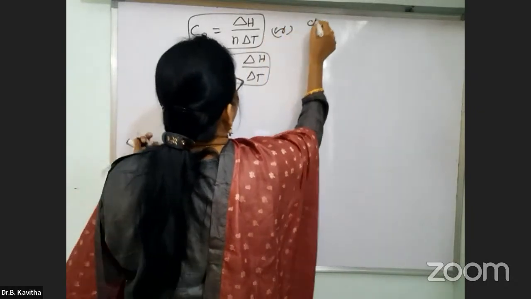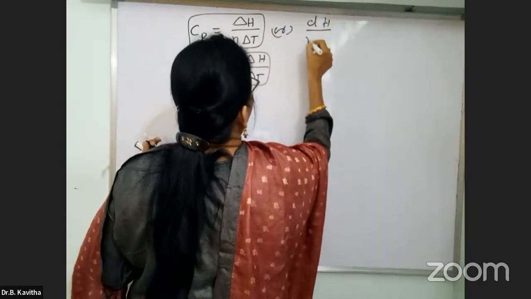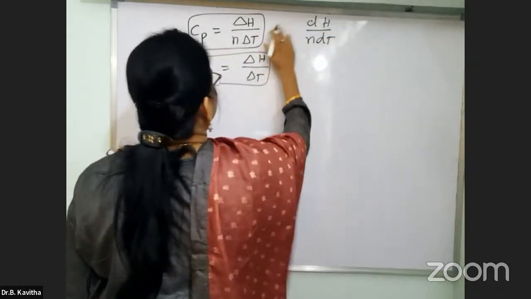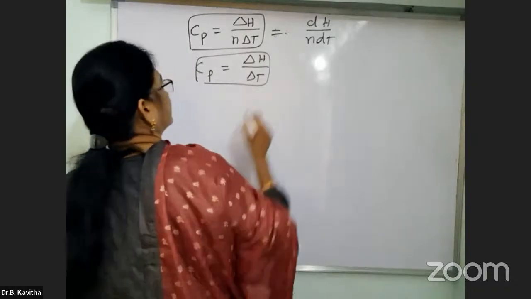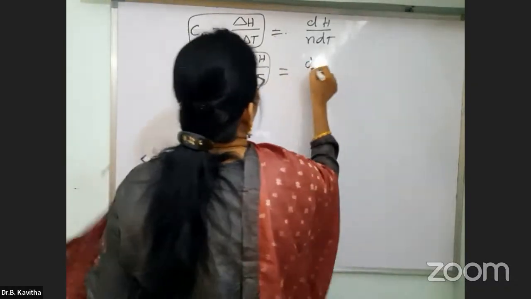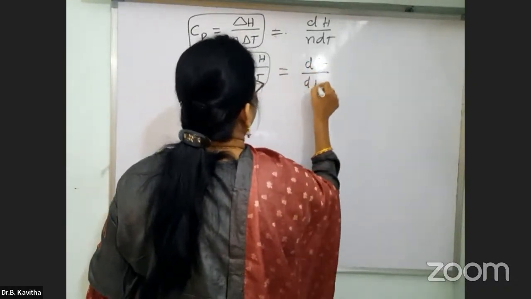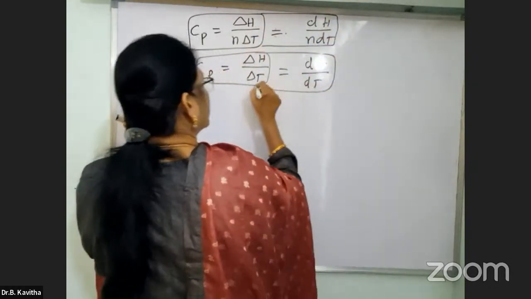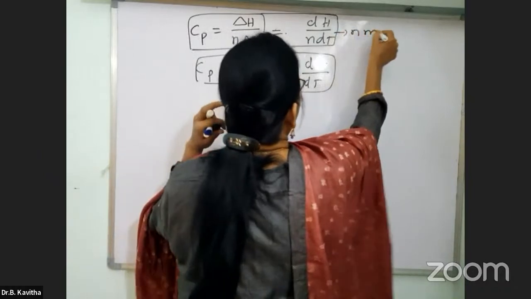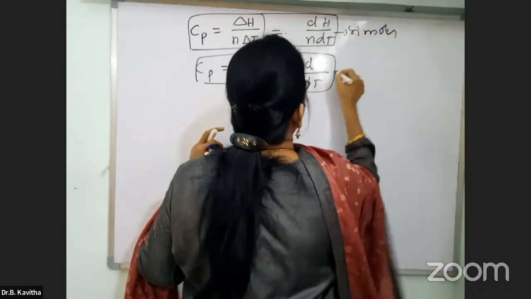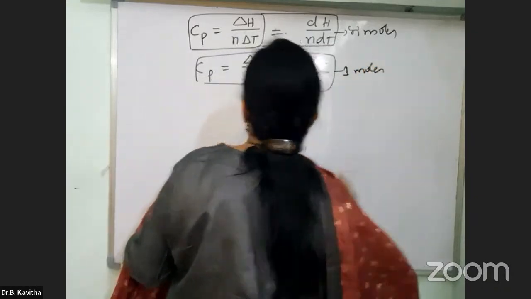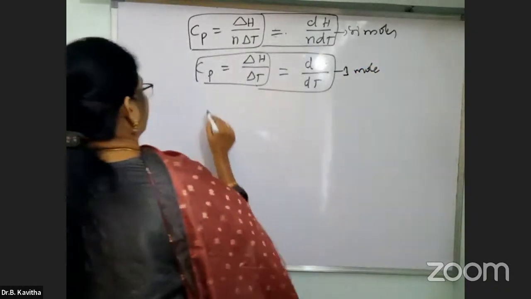దీన్ని మనం ఎట్లా రాసాము? dH by n into dT. This is for n moles. dH by dT is for 1 mole. What is Cv?